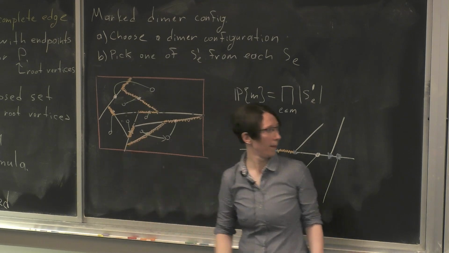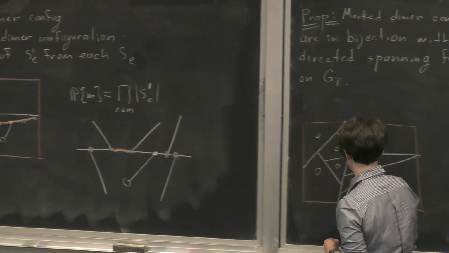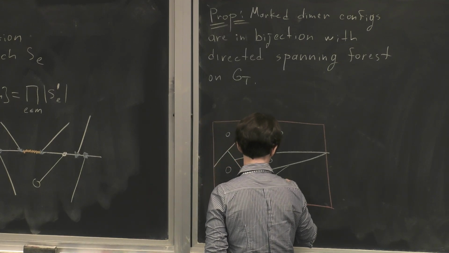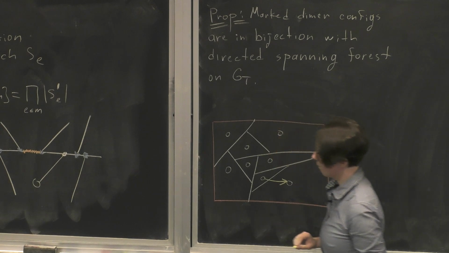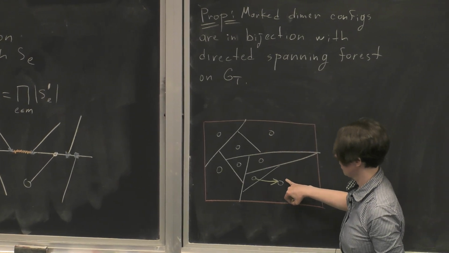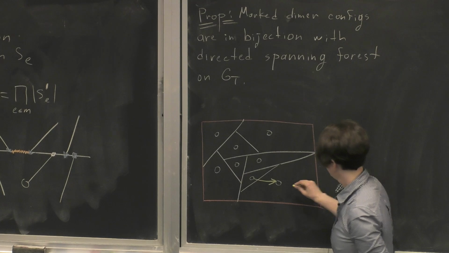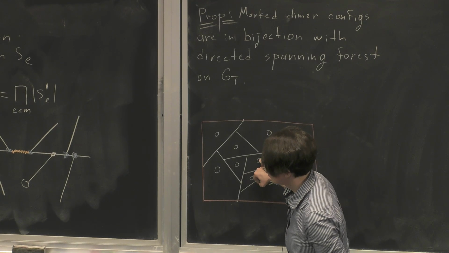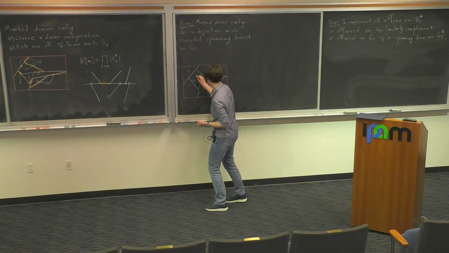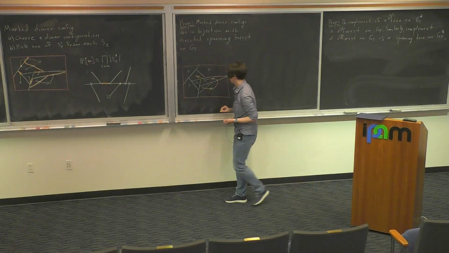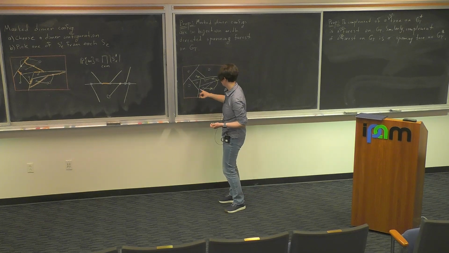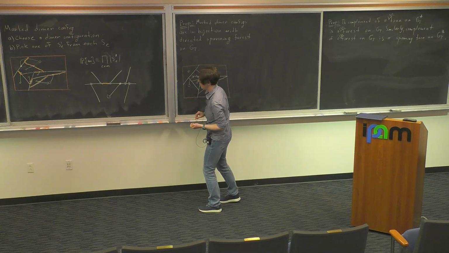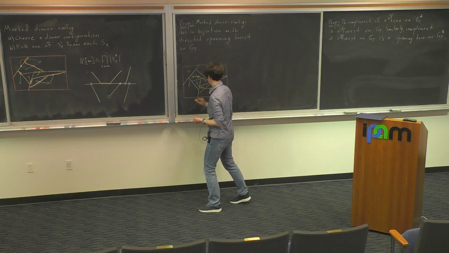So from this picture, we obtain the following directed graph. This one connected through this one, I draw this. This one, I choose this piece. So we go here, and direction is given by this. Here, we go here, go there.